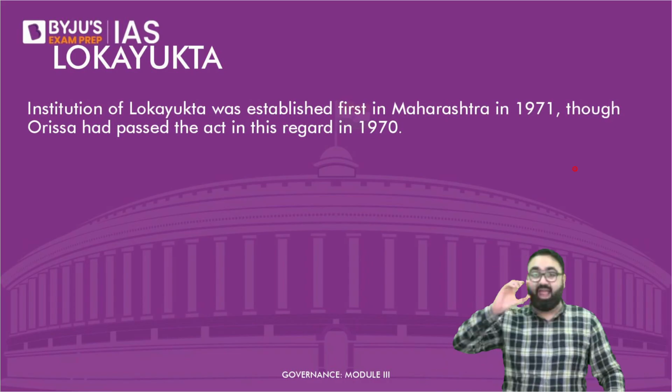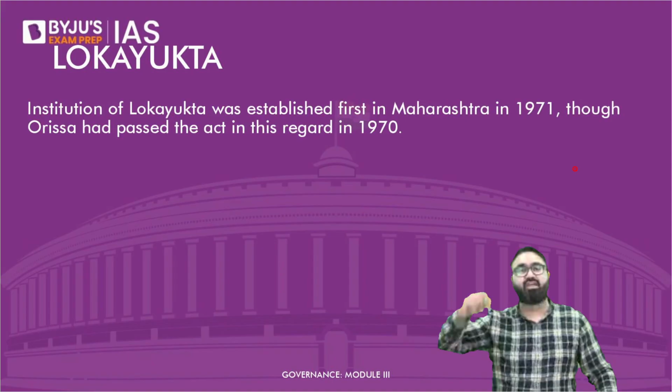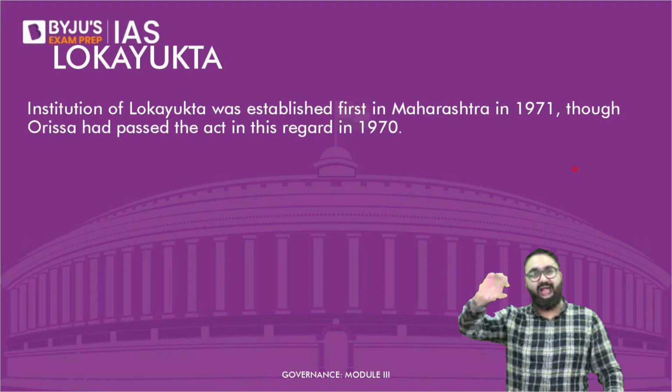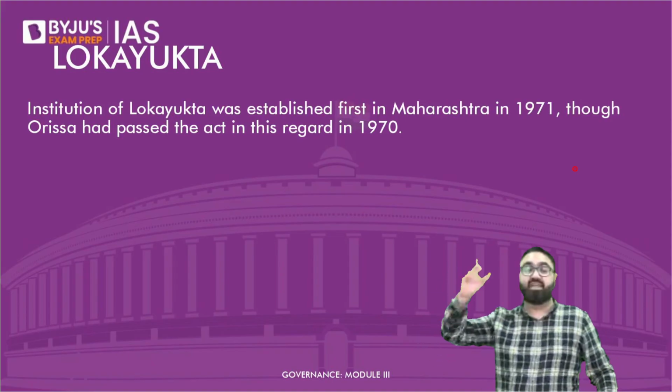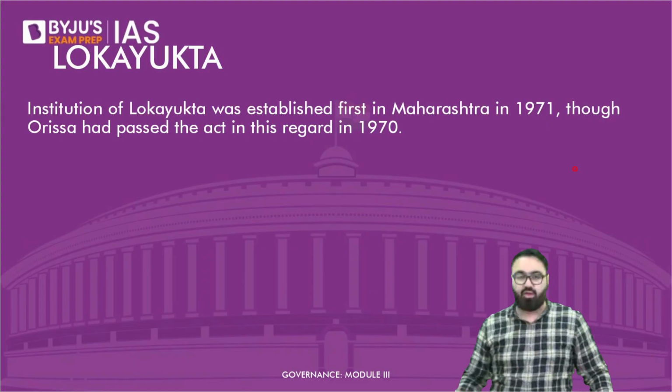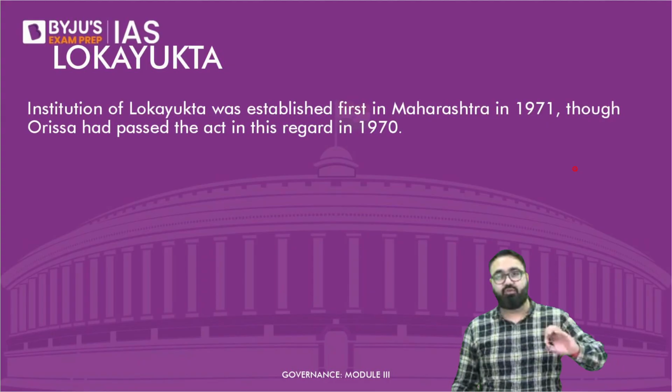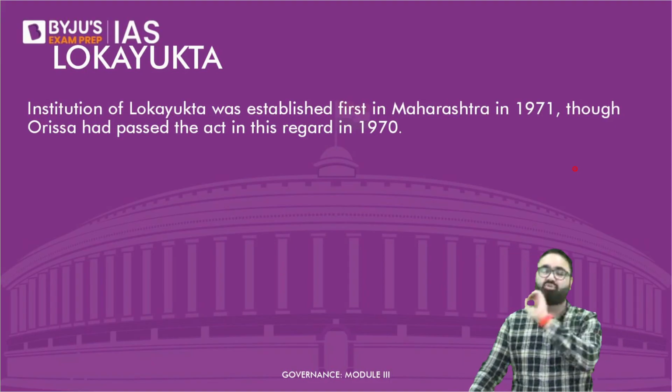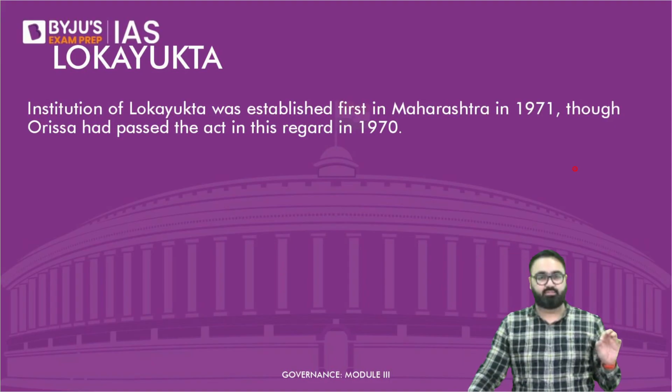Why am I saying this? Because in India, every state has its different Lokayukt. And the laws of Lokayukt in many states are very different from each other. When you have a law which is different in different states, this is usually never asked by the UPSC.